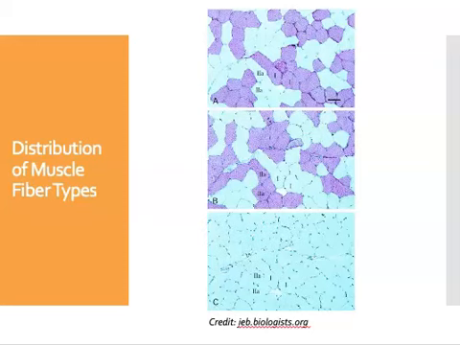On this slide, you're looking at some images that were taken under a light microscope. These are images of cross sections through a fascicle of a muscle. So remember, a fascicle is a combination of many individual muscle fibers, muscle cells, that are all joined together.